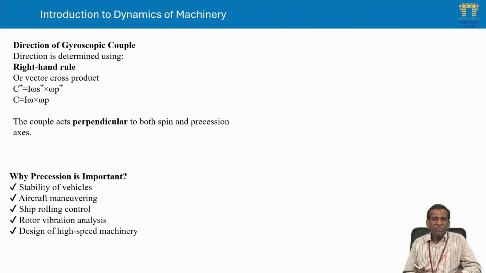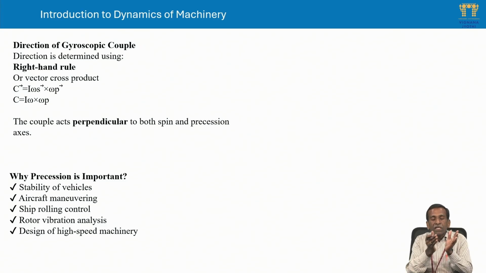Similarly, we can take a ship. A ship has motor rotating elements to propel it and move forward. If the ship takes a turn while the engine and motor are already rotating, there will be a gyroscopic effect on the ship.